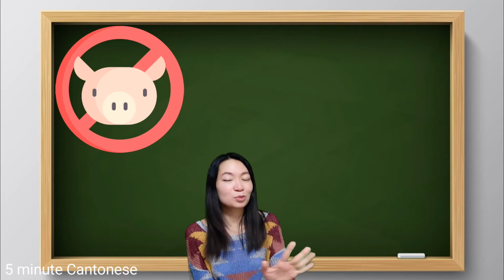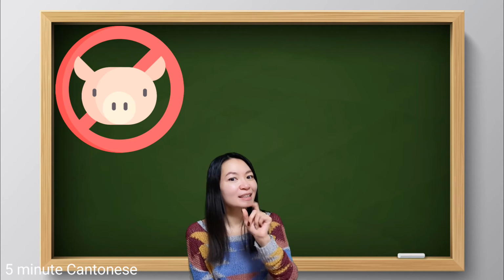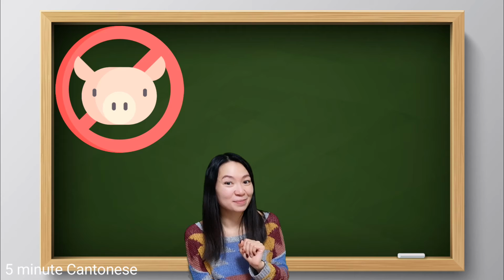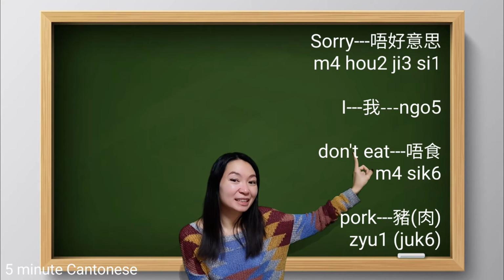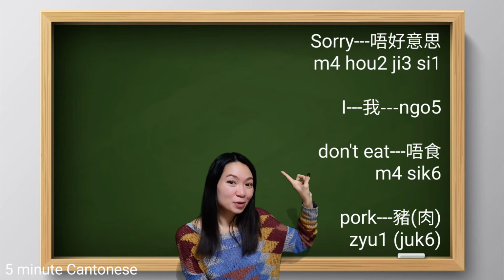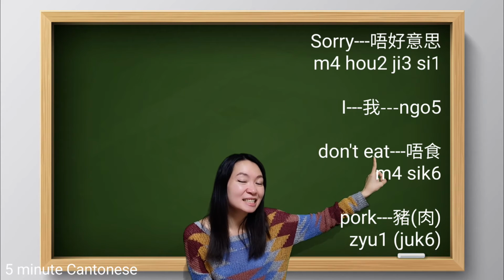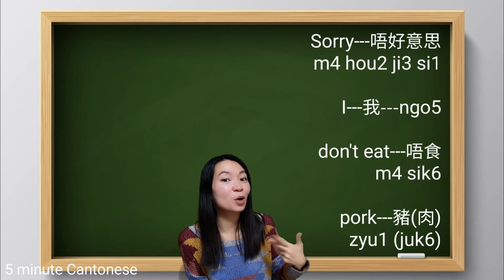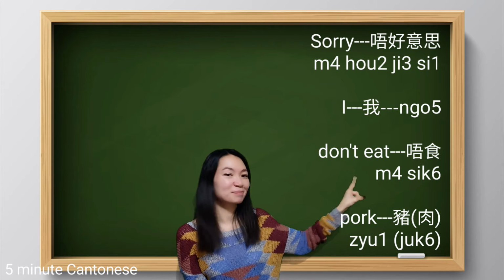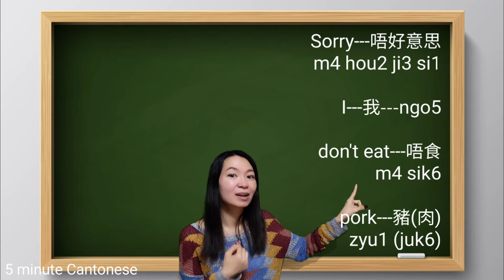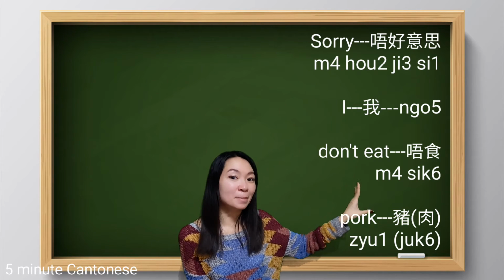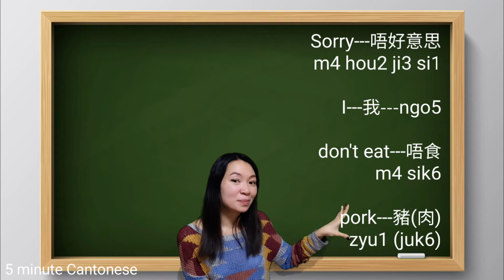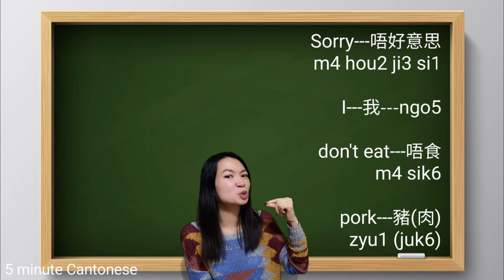So, let's say you cannot eat pork. This time, you need to say something. 唔好意思，唔好意思。I cannot eat certain things. I, 我, don't eat, 唔食. But this time let's make it stronger.